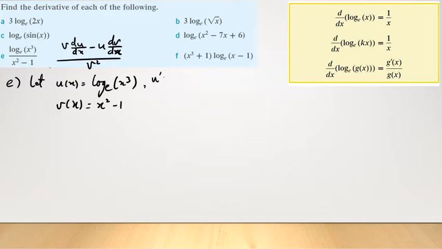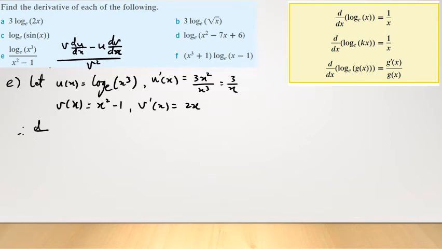So then u dash will be 3x squared over x cubed. So that's 3 over x. And then v dash of x will be 2x.